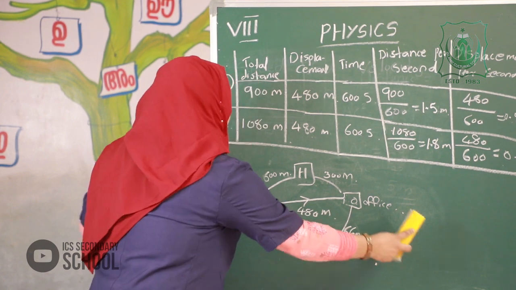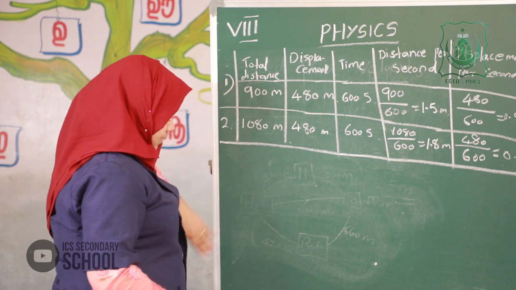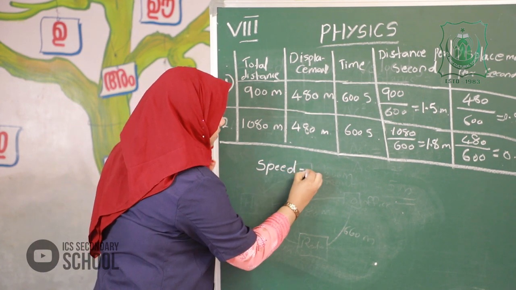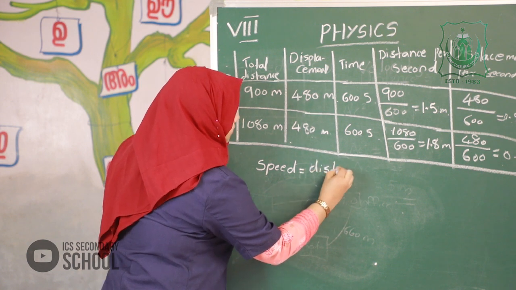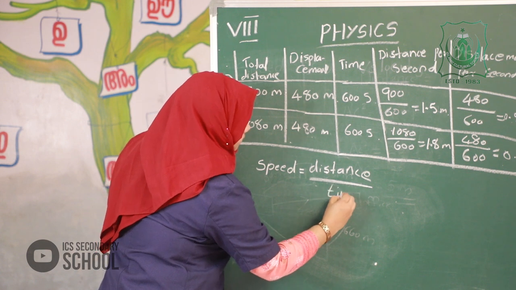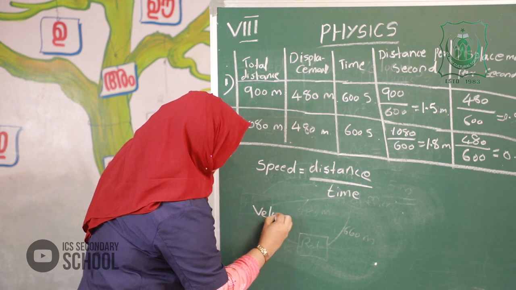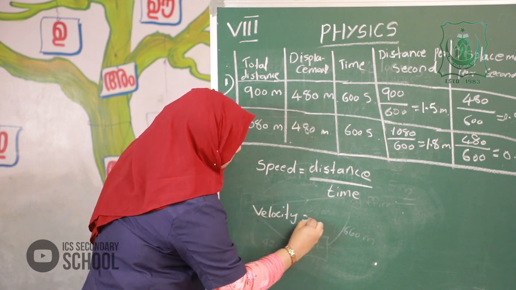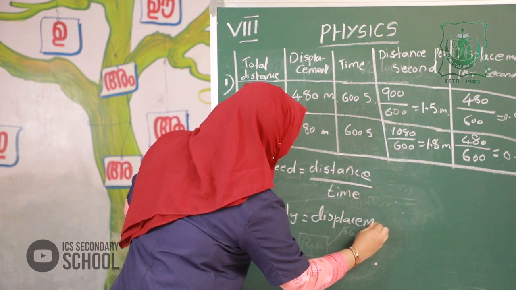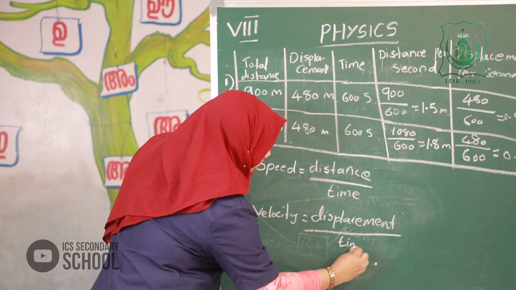So what is the equation of speed and what is the equation of velocity? Speed is equal to distance divided by time, and velocity is equal to displacement divided by time.